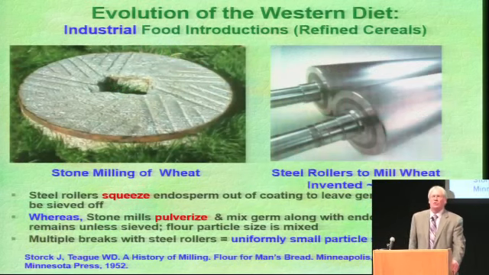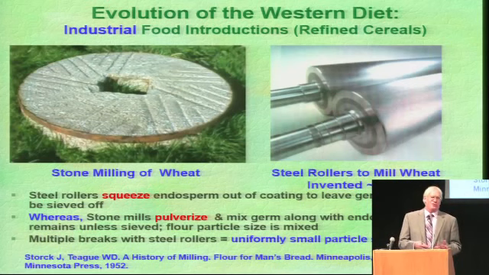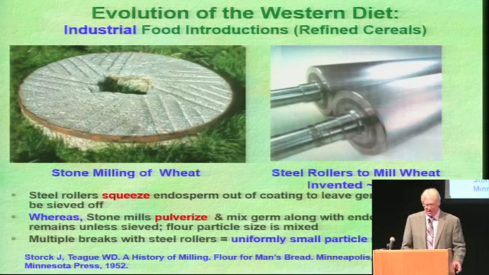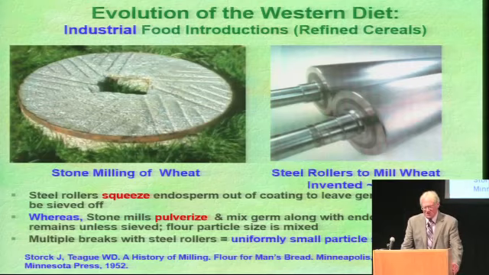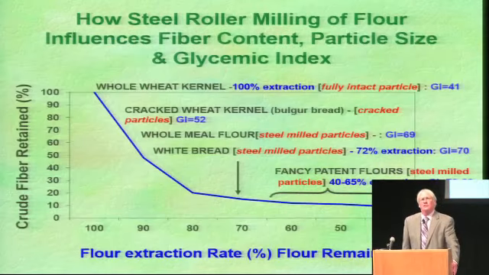In the 1880s, steel roller mills came into play, and they fundamentally break the wheat berry differently. They squeeze the wheat berry, so they squeeze the germ out of it, and then it's very easy to sieve off the germ and the fiber and have nothing left but the endosperm. When you do that, it creates a flour that is very, very fine and has a high glycemic index.